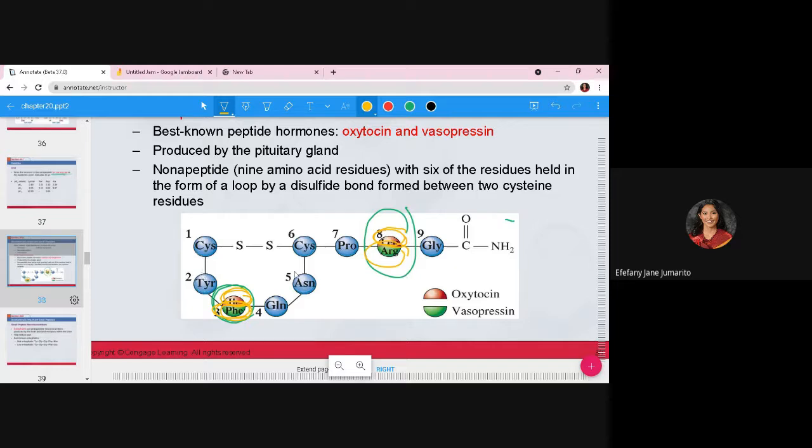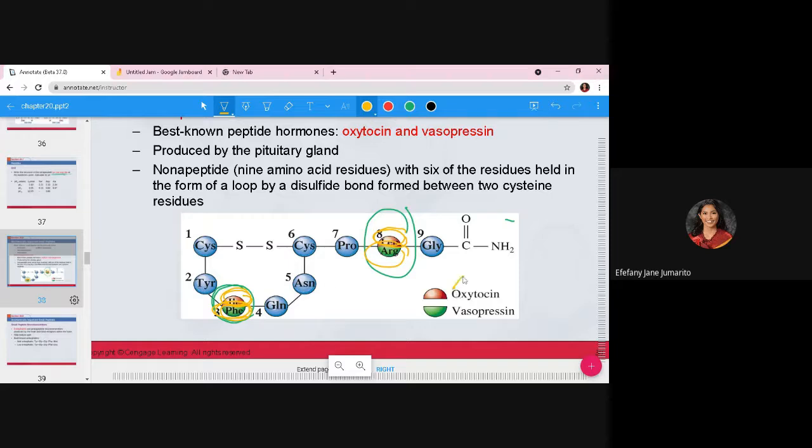Okay, so now notice that they almost have the same structure, just a slight difference in the amino acid will cause a different function.